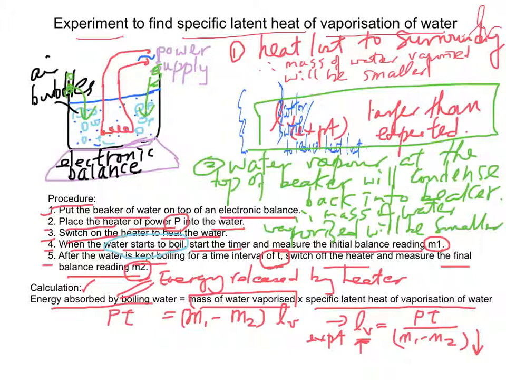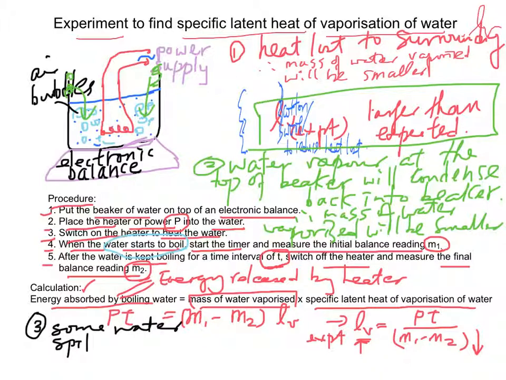The third error is that some water spills out of the beaker before boiling occurs.